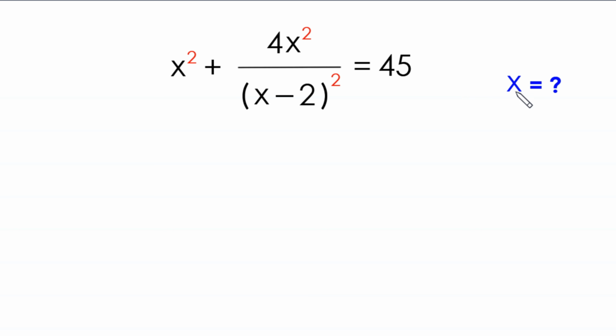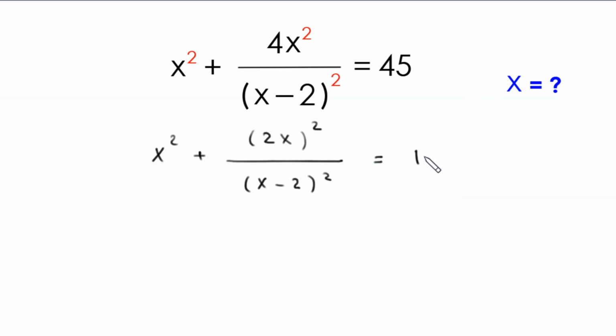So let's start. x squared plus this 4x squared can be written as (2x) whole squared divided by (x minus 2) whole squared is equal to 45.